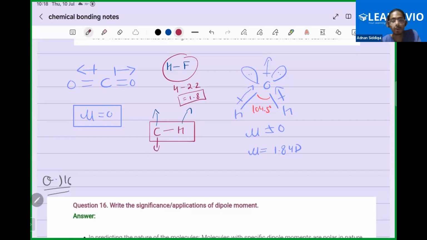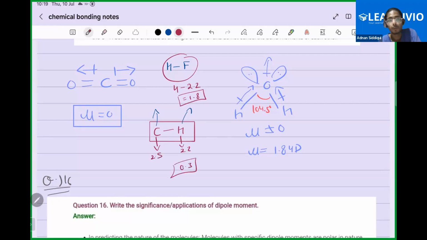What about carbon? It should be 2 point something. Let us Google it. What is the electronegativity value for carbon? 2.5. Okay, so the difference here is 0.3.